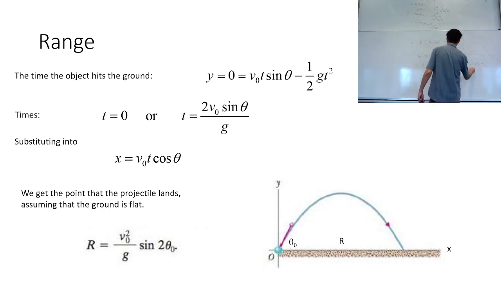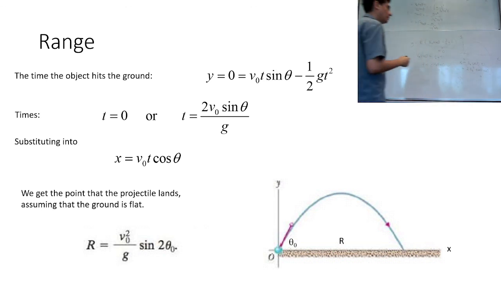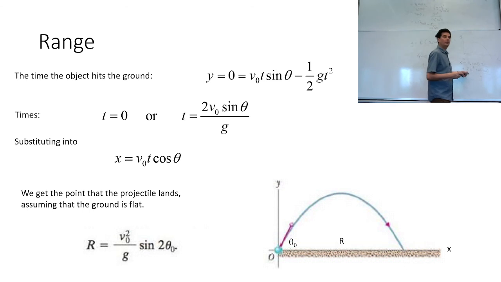So you get 2v0 squared sine theta cosine theta divided by g, which you can slightly simplify using the trigonometric identity: 2 sine theta cosine theta is sine 2 theta, divided by g.